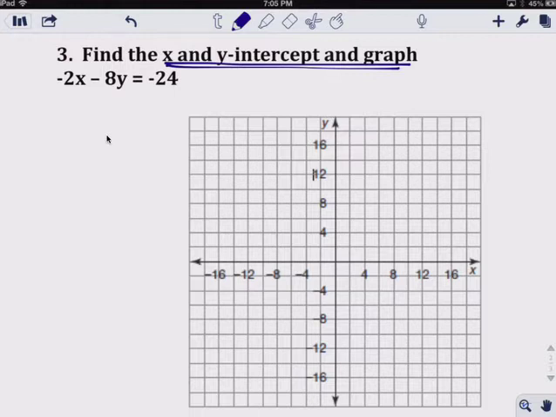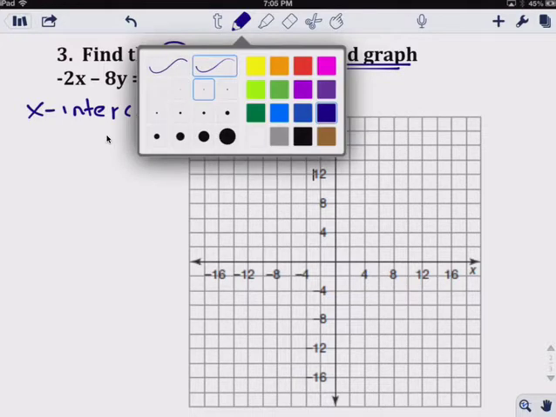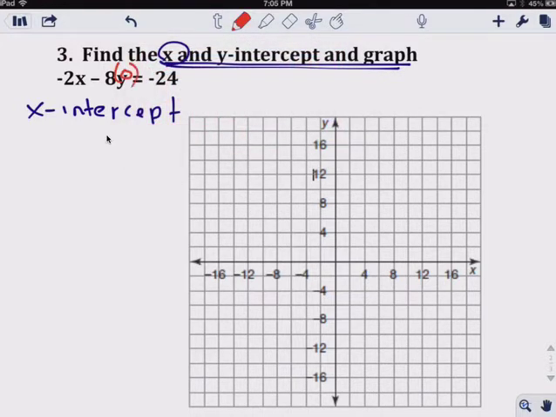Okay. Finding the x and y intercept. Find the x-intercept first. X-intercept means y is 0, and 8 times 0 is 0, so that doesn't exist.